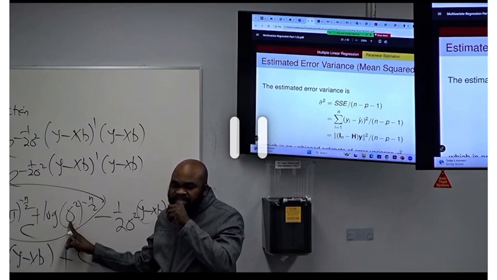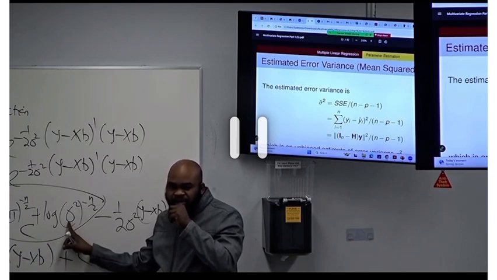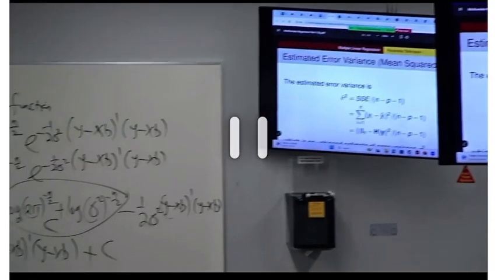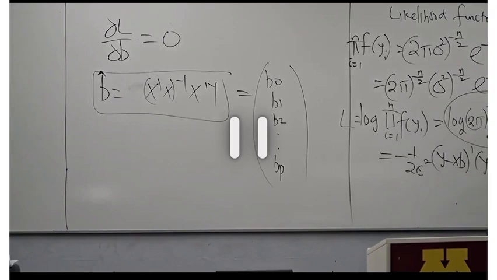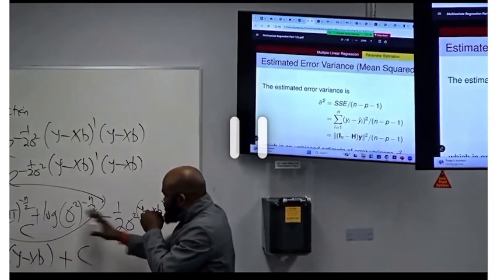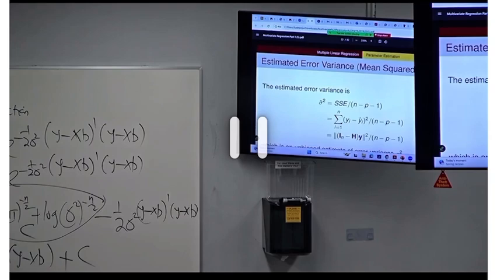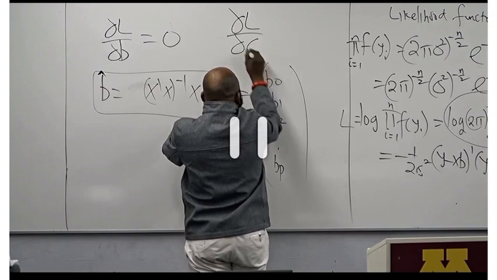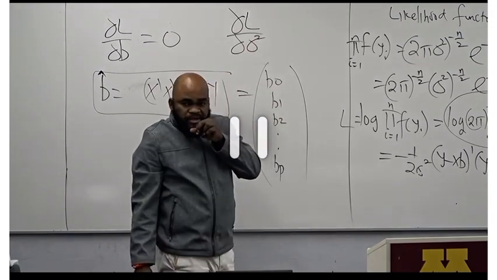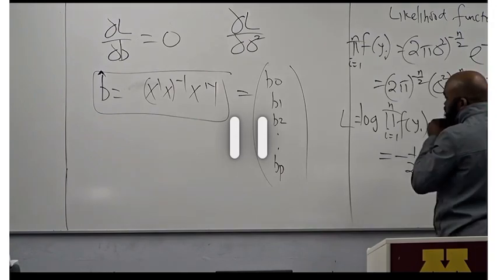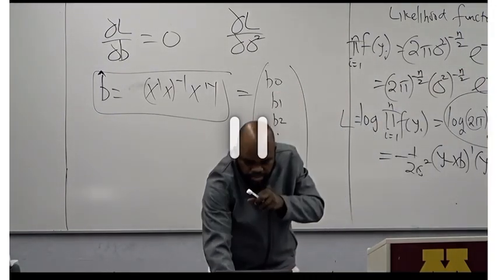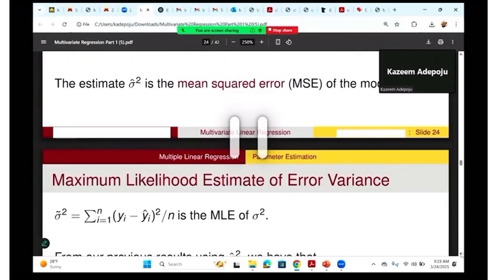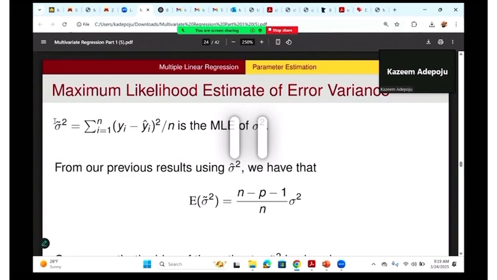If I want to get the maximum likelihood estimate of sigma squared, I'm going to come here and differentiate that. I'm going to do dL with respect to sigma squared. So when I do that, this is what I'm going to obtain.